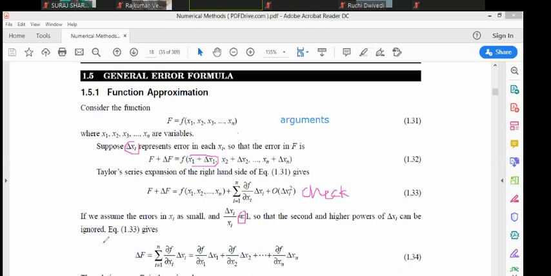Equation 1.33 gives what this line says. If we assume the errors delta xi are small, the error in xi, meaning delta xi, is going to be very small.